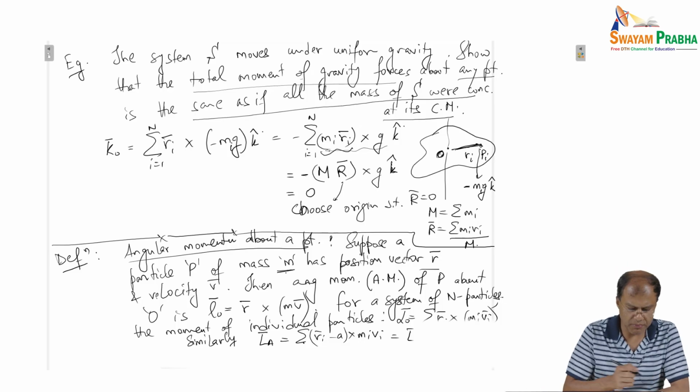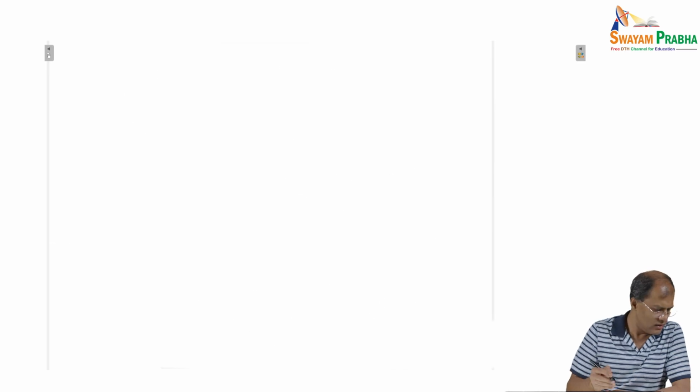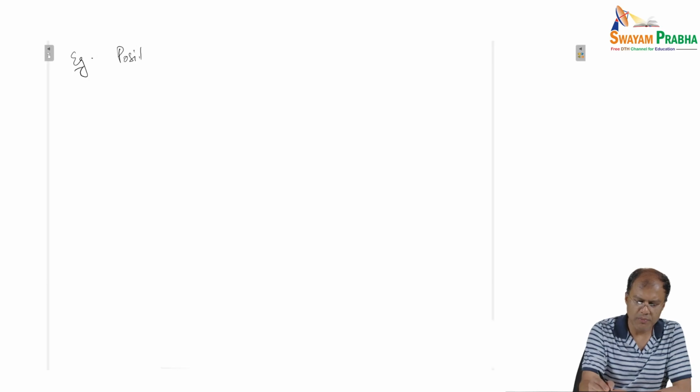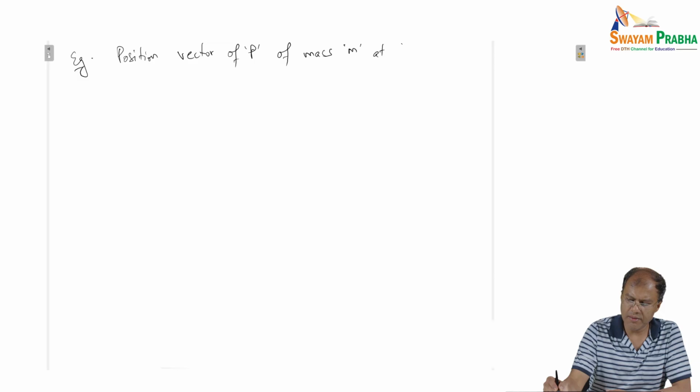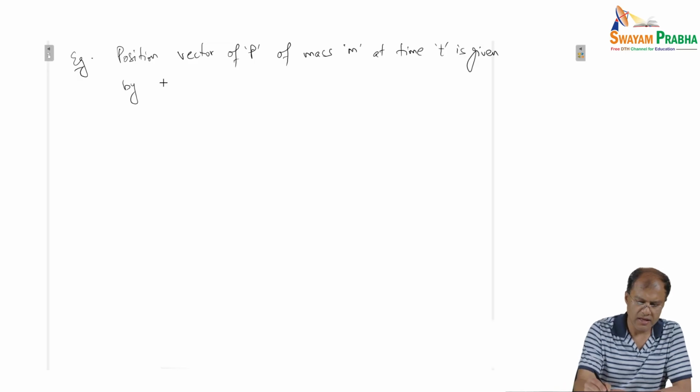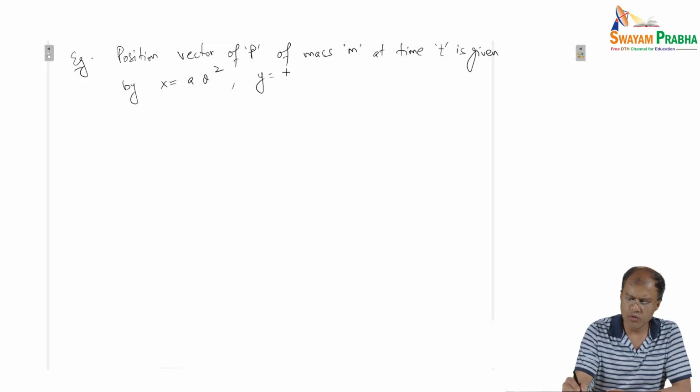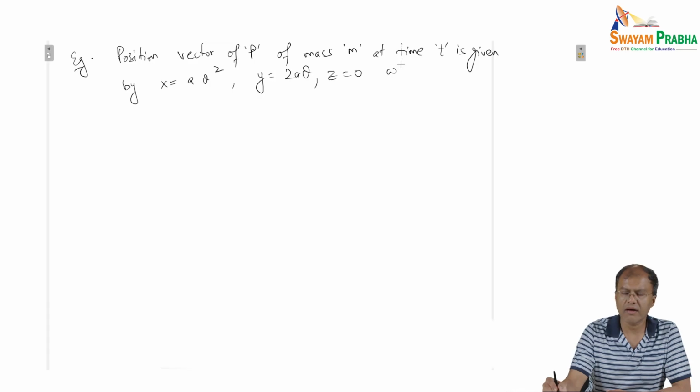Let us look at a quick example. The position vector of P of mass m at time t is given by x is a theta squared, y is 2a theta, and z is 0, where theta is our degree of freedom.